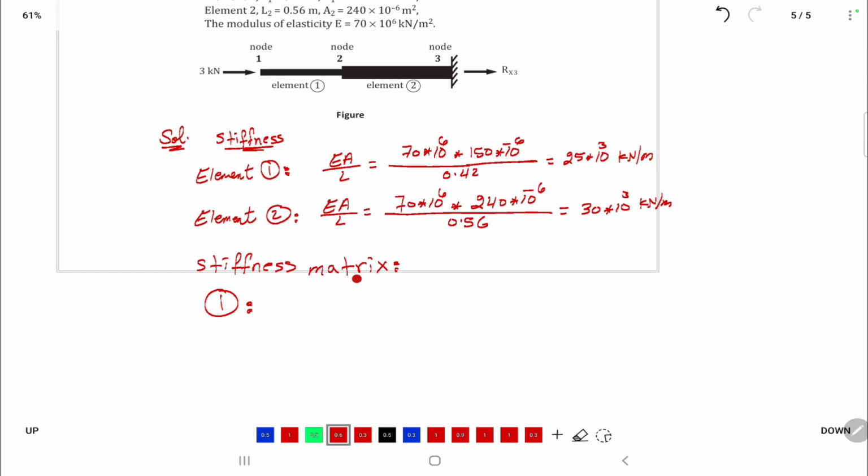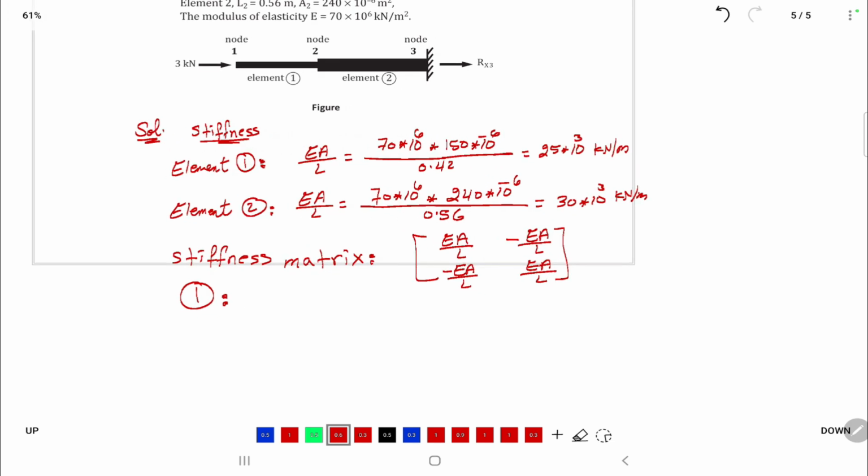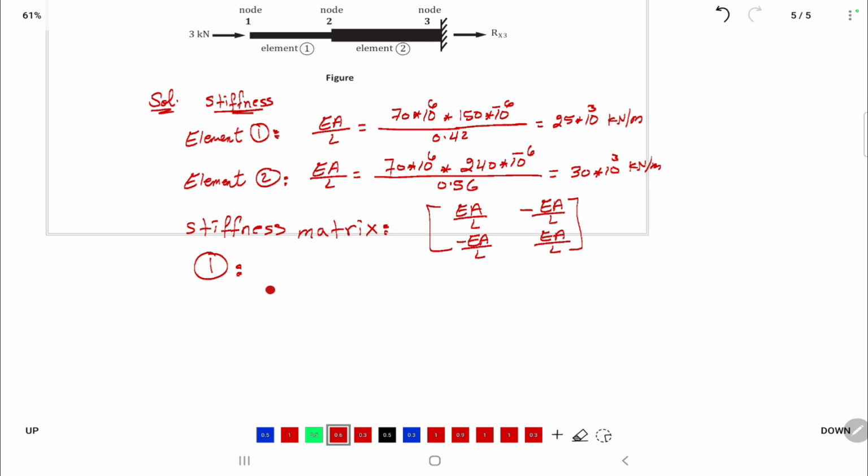The stiffness matrix in general is like this: EA over L, minus EA over L, minus EA over L, EA over L. So for element 1, EA over L is 25 multiplied by 10 to the 3, and the matrix will be like this.